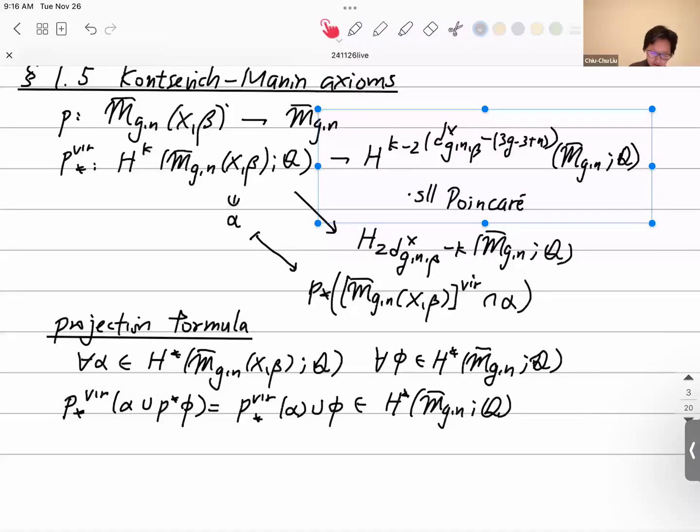Okay, so this virtual push forward satisfies the projection formula. If you have alpha, which is a cohomology class on the moduli of stable maps, and then you cup it with a pullback of some cohomology class on M bar g,n, we have this.